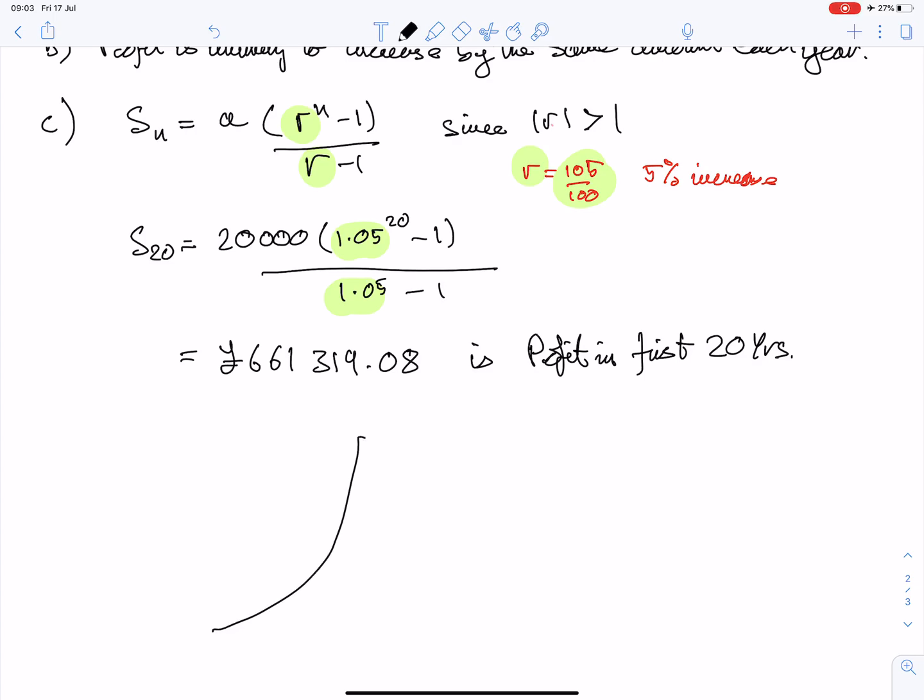They get steeper and steeper and steeper, and the graph for the arithmetic is adding more each year, but then it becomes a straight line. So it increases quite steeply to start with, but then it will go as a straight line across, because the total profit goes like that. So eventually the geometric is going to produce more income or more profit.